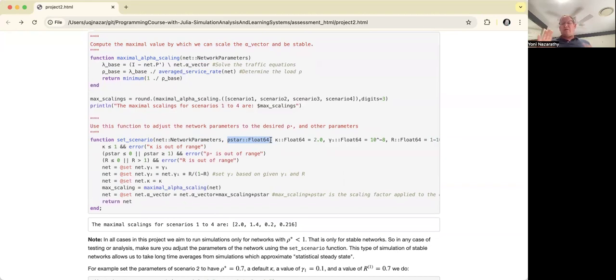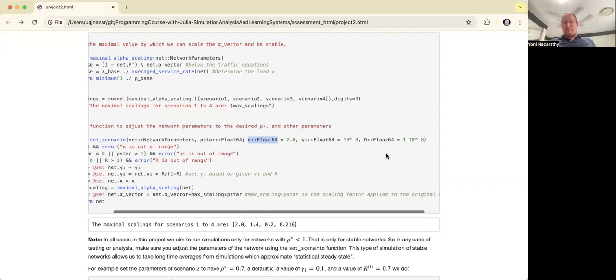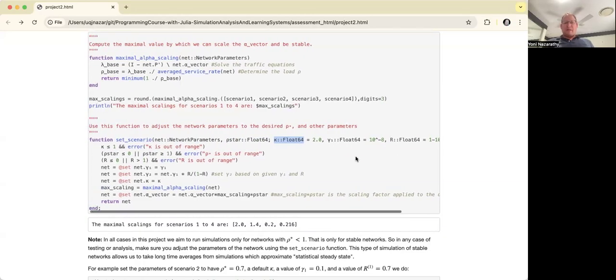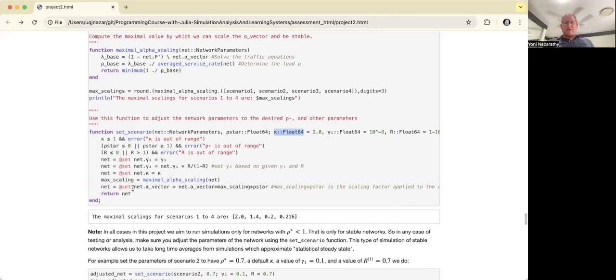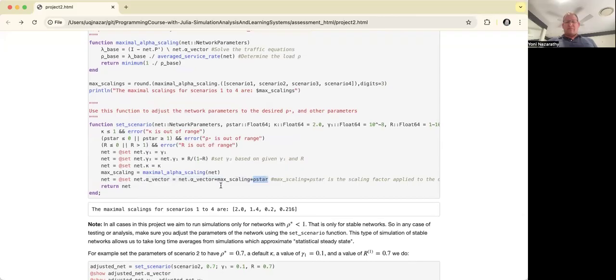So you want to say what's the bottleneck queue in that network. And you can also modify the kappa and you can also modify the gammas, but it comes with default parameters. And what this function is doing is it's going to scale the alpha vector by the maximal scaling times this rho star to give you the network with that given rho star.